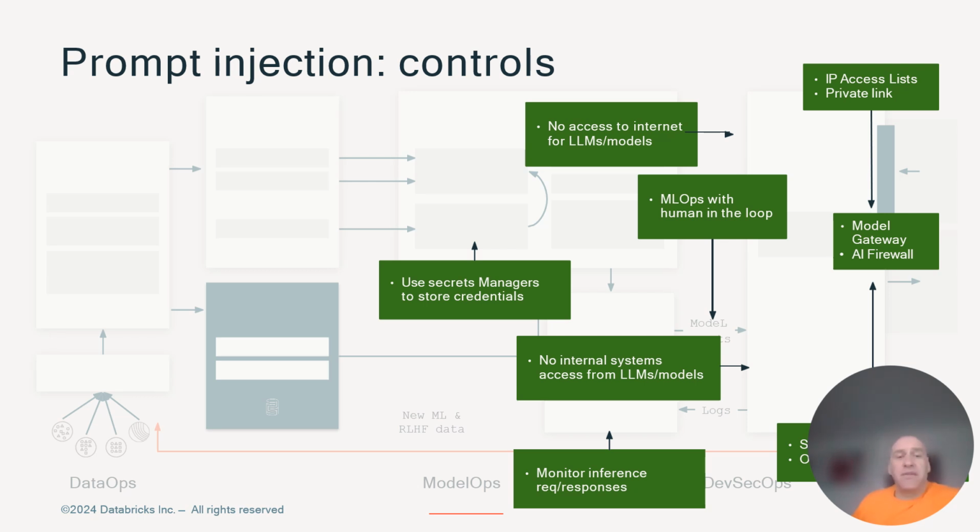So these are some of the things that you have to think about and weigh up as options to prevent prompt injection. I want to caveat here, it's important for you to understand that most of these controls are going to be very important, but sound security is always a risk-based approach.